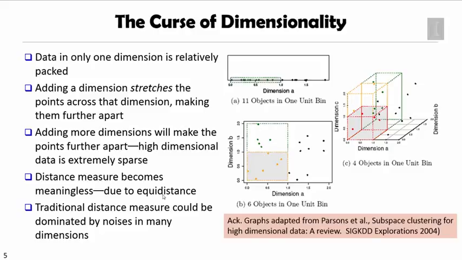And you measure in 1,000 as a unit, I measure only like 10 as a unit. So in that sense, in many cases, the distance measure may become meaningless. Some traditional distances could be dominated by noise in many dimensions.